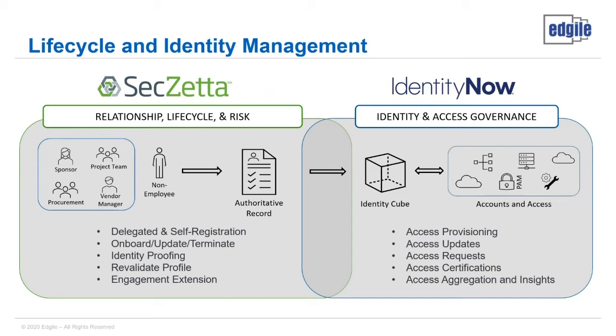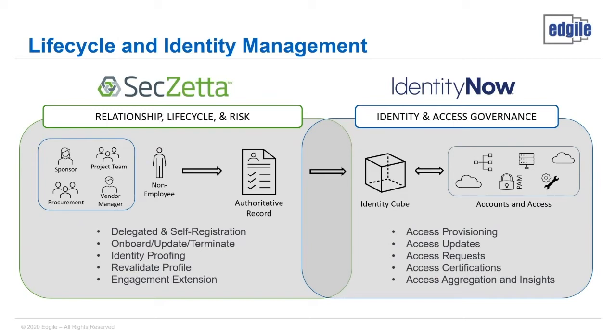Thanks, Jen. Also, you want to say that we have Identity Now today in the demo, and then we'll also talk about it a little bit more in the next slide. But this could be any other IGA solution, and it could also be SailPoint's Identity IQ as well. So here, if you look at this architecture from the IGA system side or from Identity Now side, it's such a simplified architecture now.